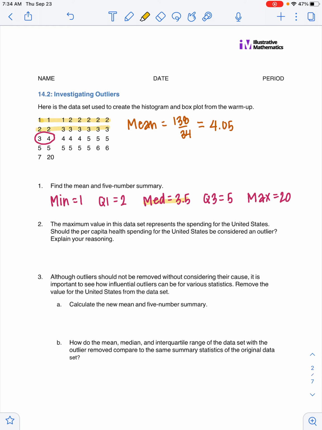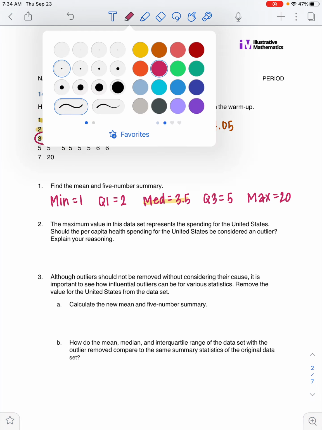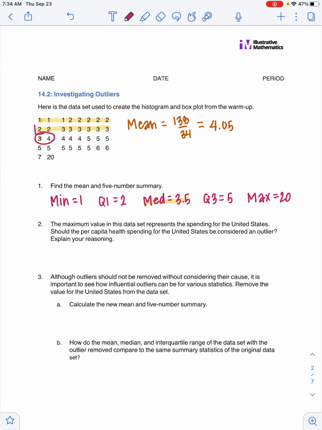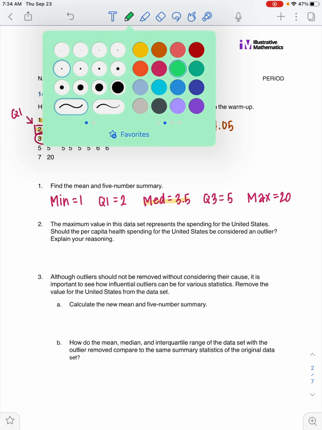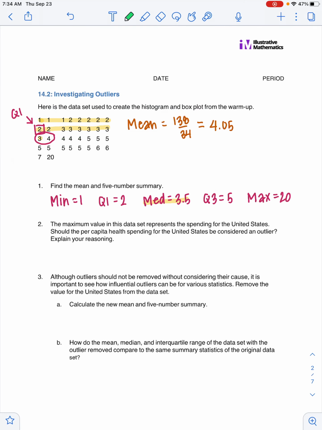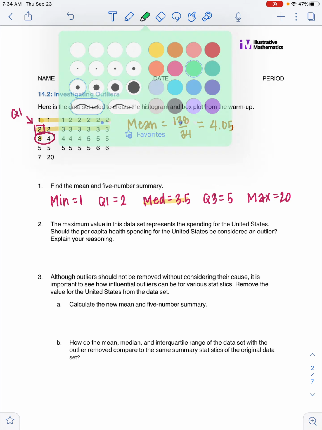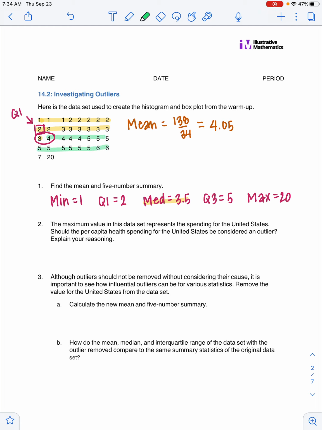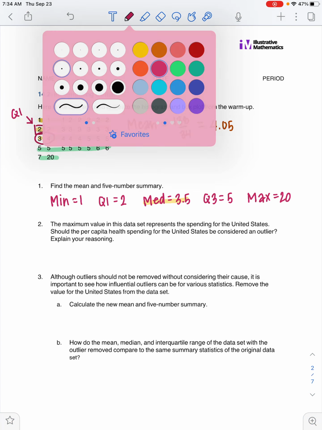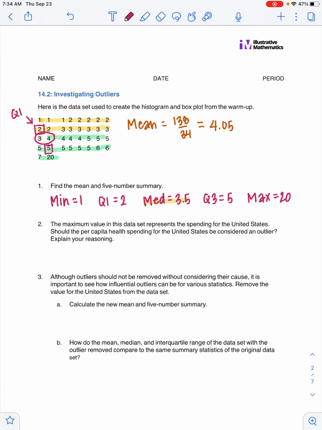So all of these numbers that I highlighted in yellow, and that median number is 2. So that's Q1. Q3 is the median of the upper half of my data set. So all the numbers highlighted in green, and that median number is 5. So now I have my 5-number summary.